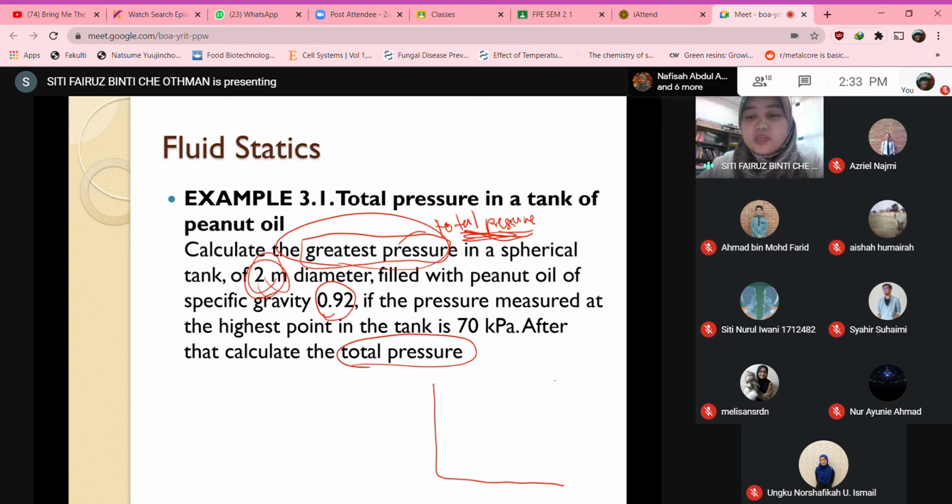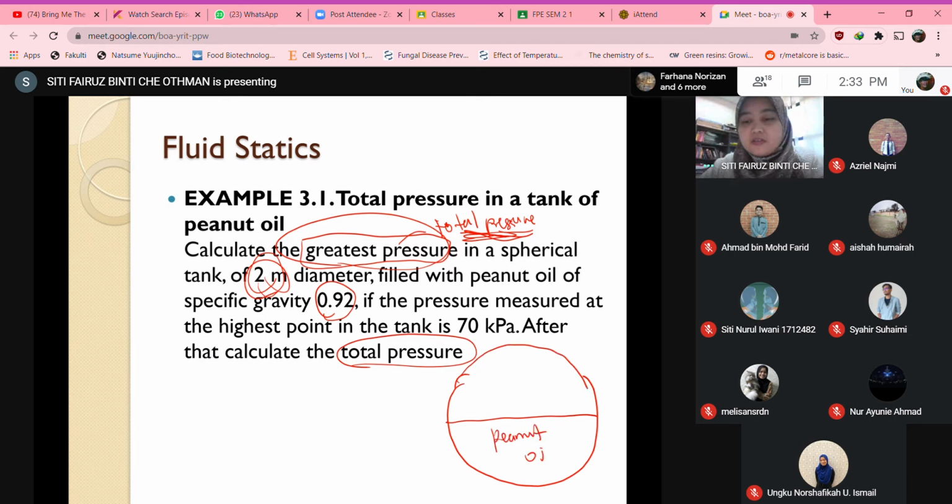So it would help for you to draw this: a spherical tank with peanut oil. Let's say this is the highest point, the highest point, at 70 kPa.